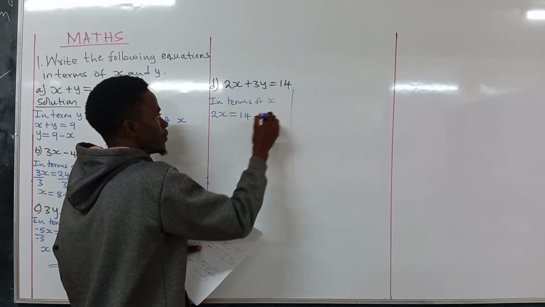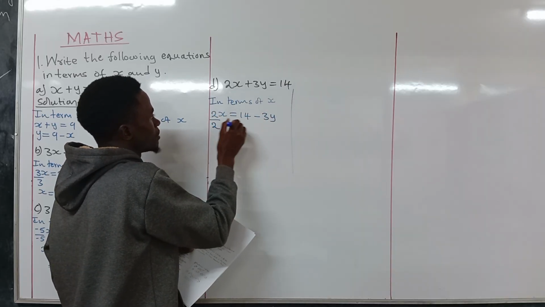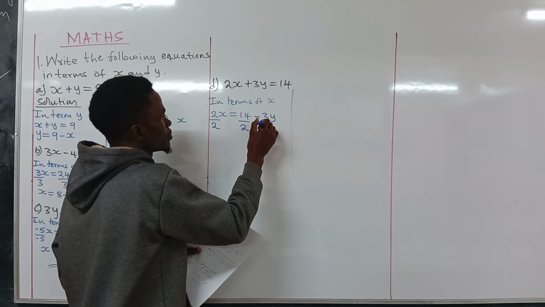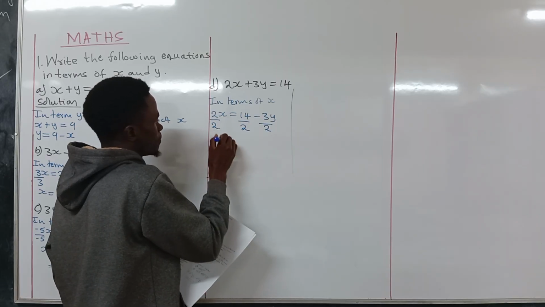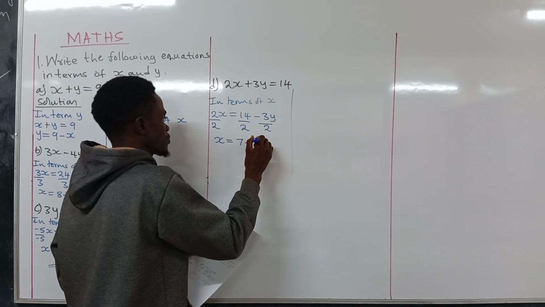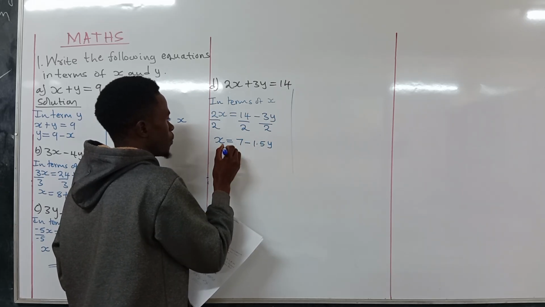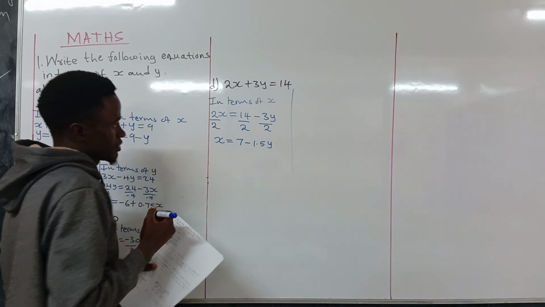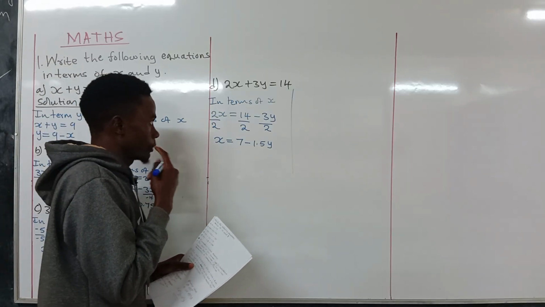So divide everything by 2. x is equal to 7 minus 1.5y. That is our answer. 3 divided by 2 is 1.5.